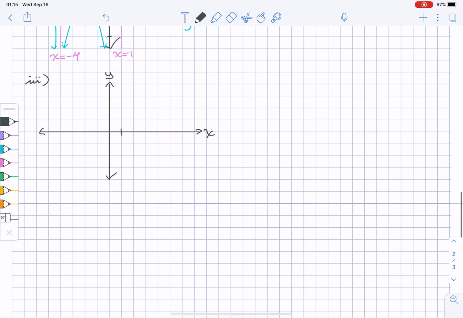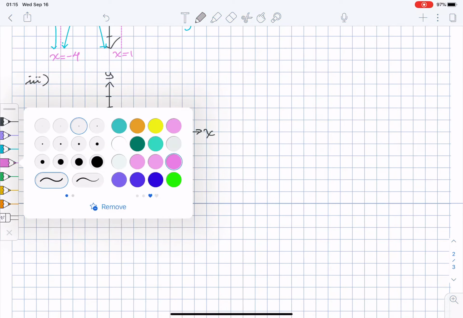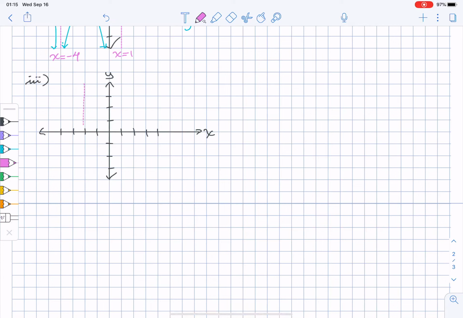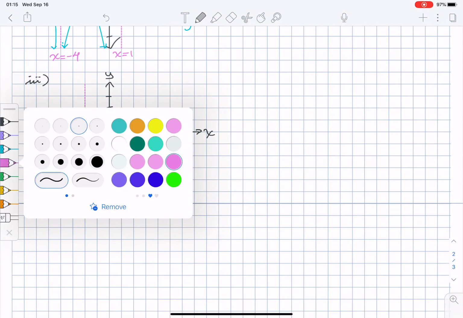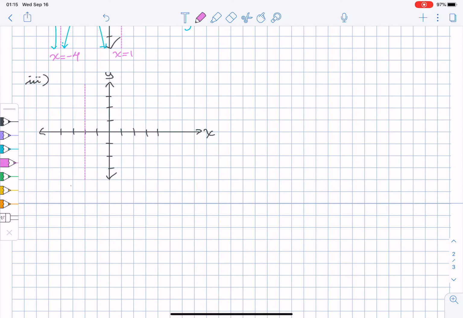So let's do 1, 2, 3, 4, 1, 2, 3, 1, 2, 3, 1, 2, 3, 4. Let's make this simpler, shall we? So let's just do one vertical asymptote at x equals negative 2.